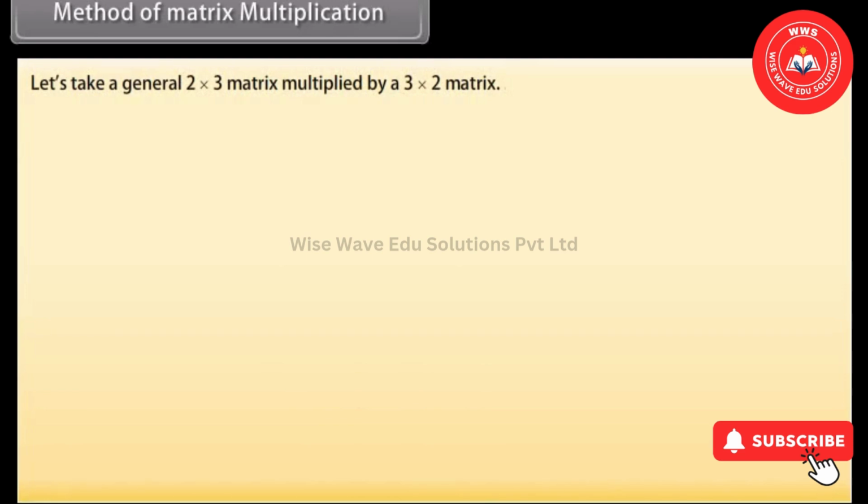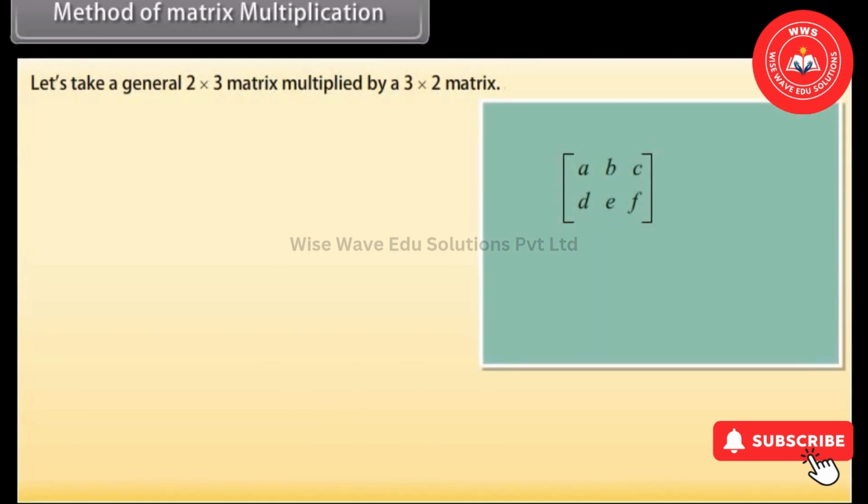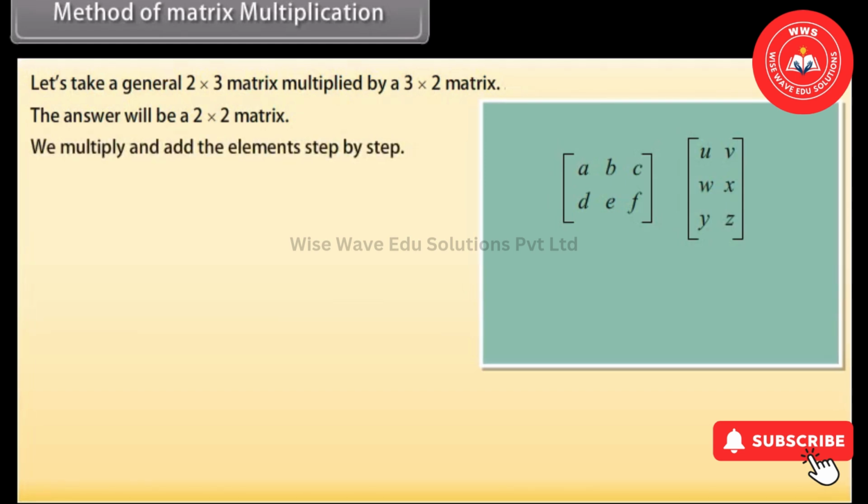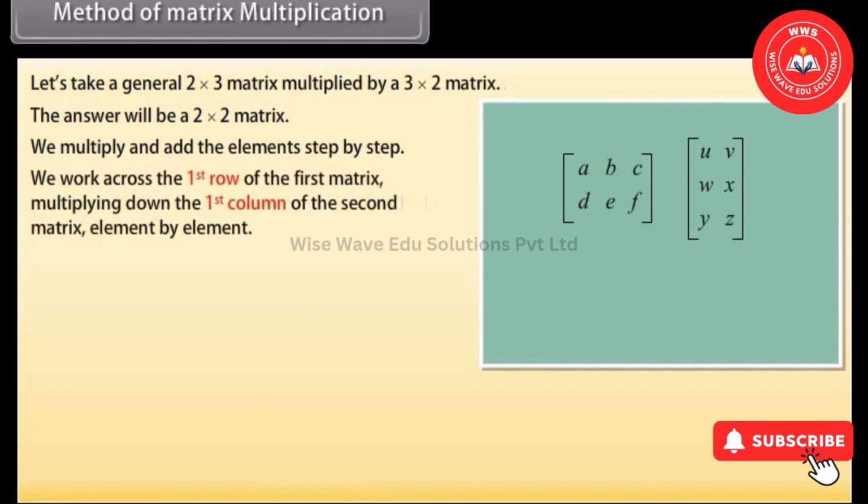Method of matrix multiplication. Let's now learn the method to multiply two matrices. Let's take a general 2 by 3 matrix multiplied by a 3 by 2 matrix. The answer will be a 2 by 2 matrix. We multiply and add the elements step by step. We work across the first row of the first matrix, multiplying down the first column of the second matrix element by element.